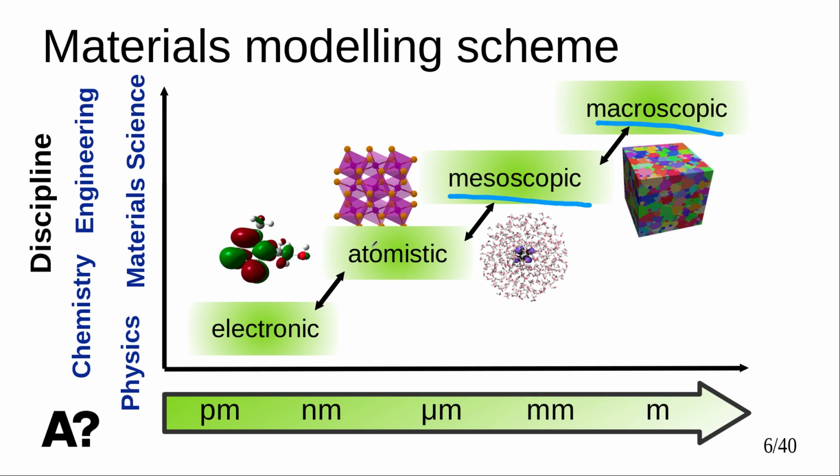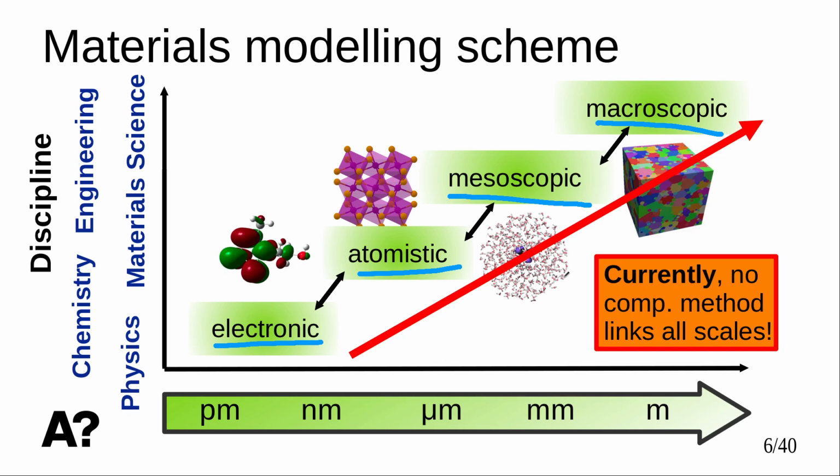It's quite important to understand that each single different regime, the electronic and the atomistic, which we cover in this topic, but also then later the mesoscopic and macroscopic, which we're not covering in this lecture, need their own modeling solutions and methods. There's currently no method which covers the whole length range.